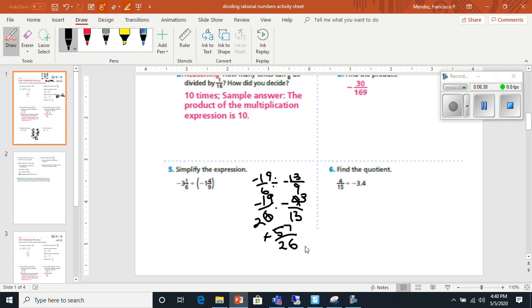And now I have to see how many times does 26 go into 57. Well, 26 times 2 will give me 52. So that means it goes into it twice. And there'll be 5 left over, because 57 minus 52 will be 5. And my answer should be 2 and 5 over 26. Let's see how Mr. Mendez did.